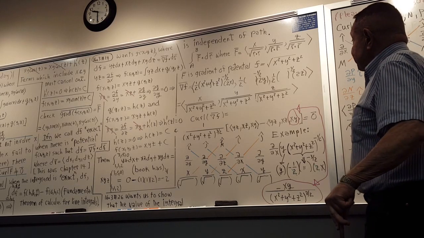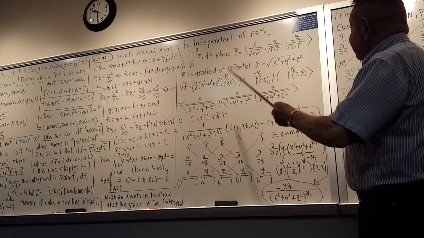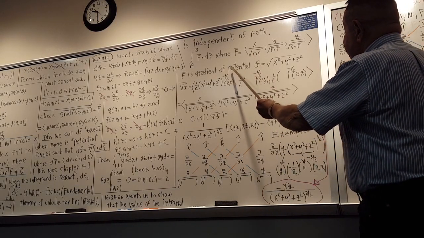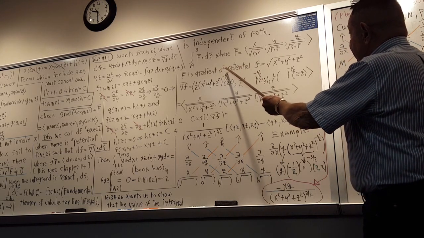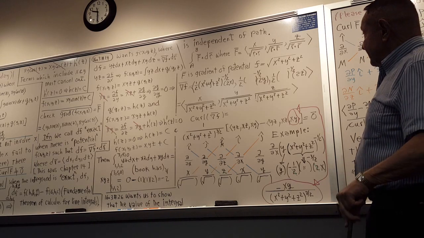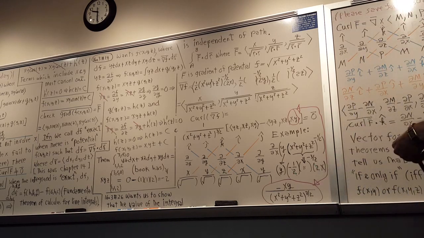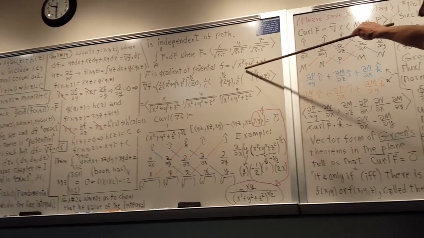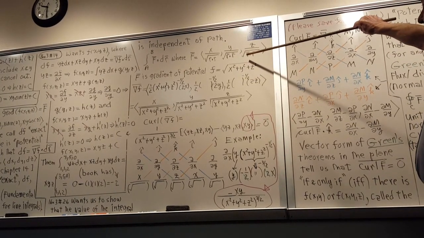If you want to show that it's independent of path, then one way to go about it is to find a potential that you have the gradient of. So it turns out that this would be your potential.